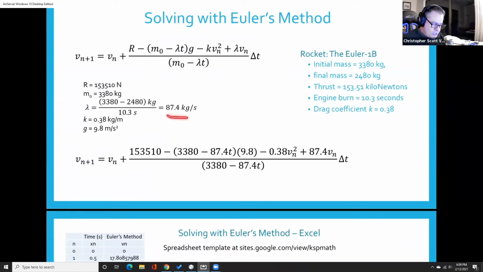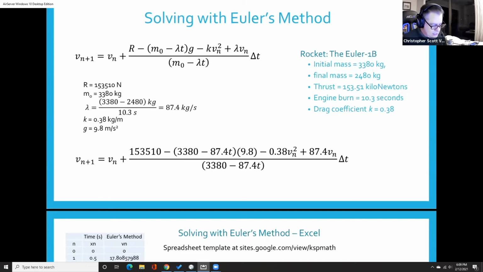So it's the rate at which it's burning, right? It's positive. So that's fine. That's what I want. Initial, final, positive burn rate, and I've included it there.